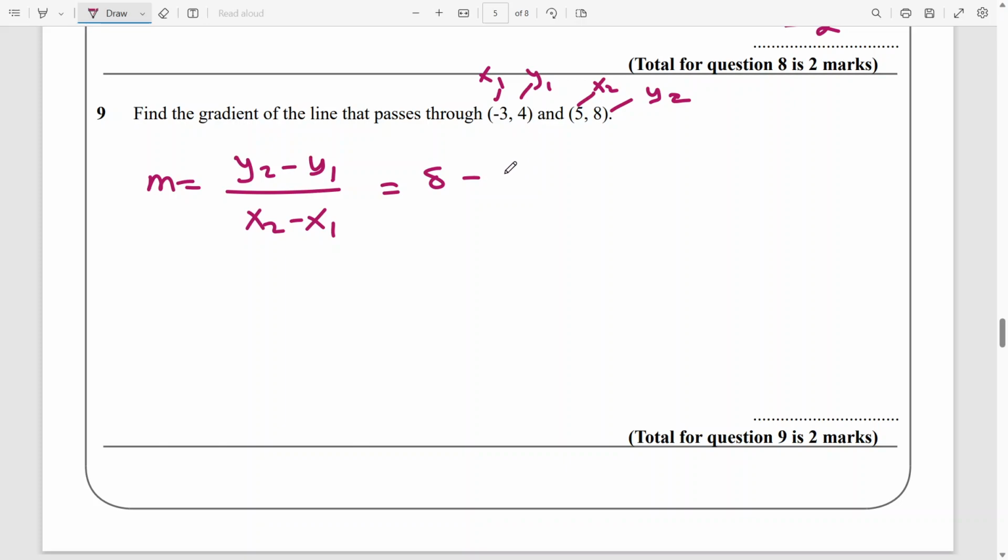Take away y1, which is 4, and divided by x2, that's 5. Take away x1, that's minus 3. Now, 8 minus 4 is going to be 4. And 5 minus minus 3, when this happens, the minus minus changes to plus. So 5 plus 3 is going to be 8. And now the gradient in the simplest form is 1 over 2.